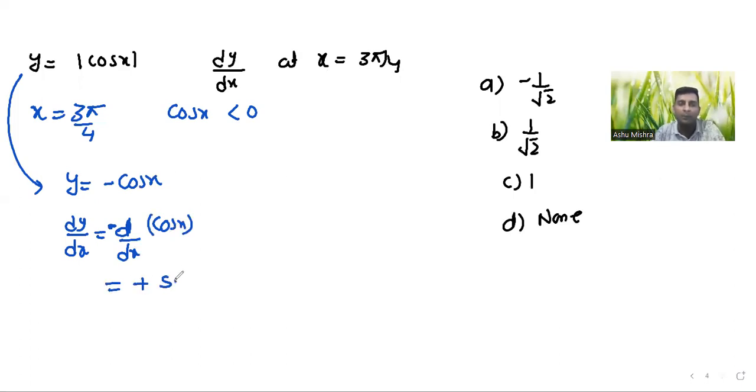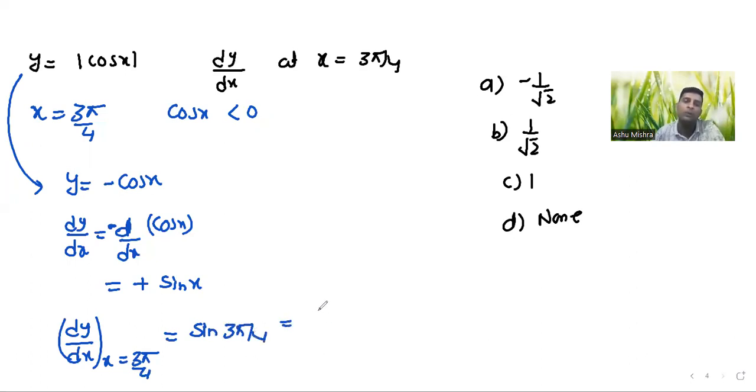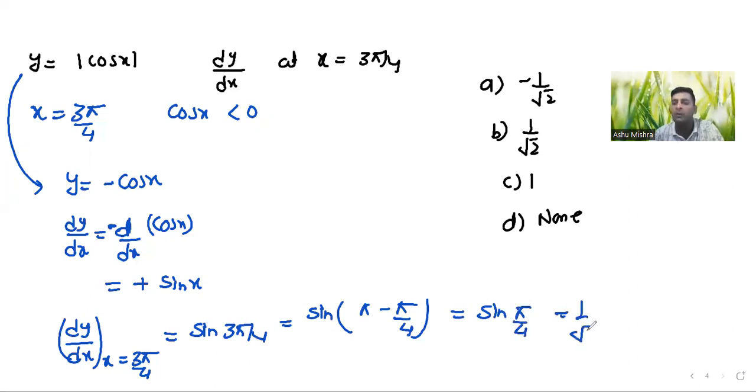So minus minus is plus, it will be sine x, and dy over dx at x equal to 3 pi by 4 will be sine 3 pi by 4. That means sine of pi minus pi by 4, which is equal to sine pi by 4, equal to 1 upon root 2, and the answer will be option number B.